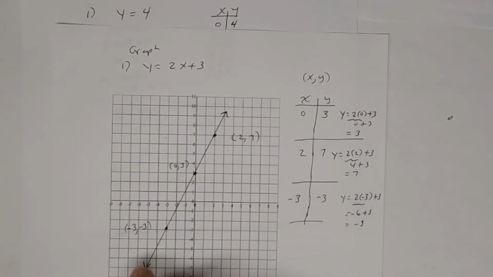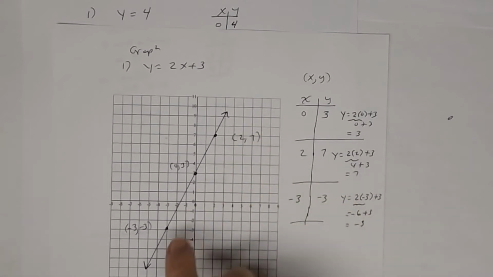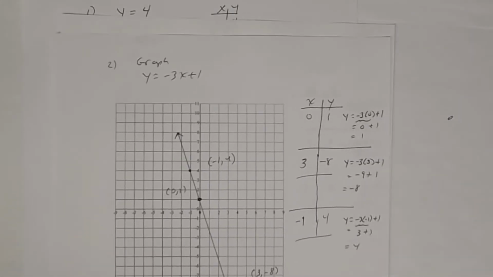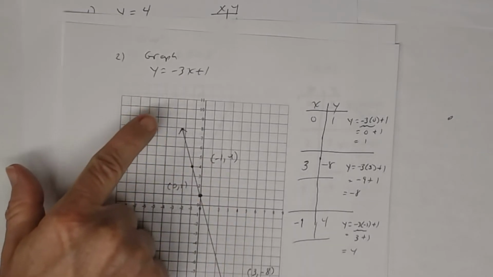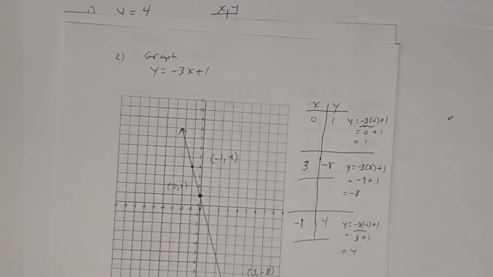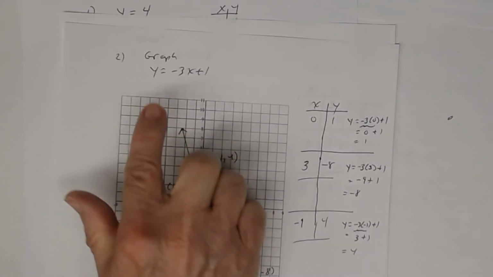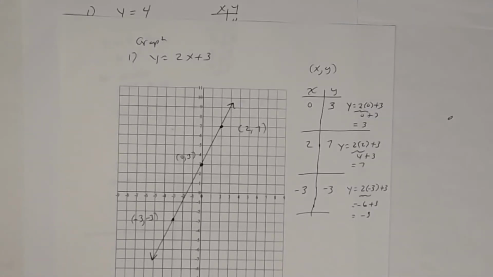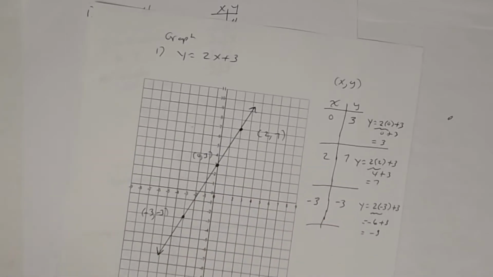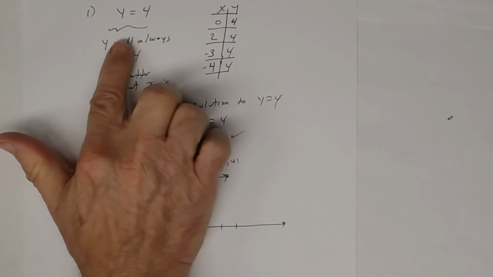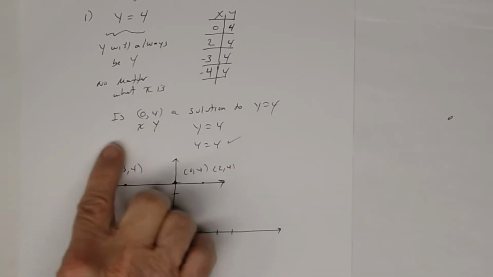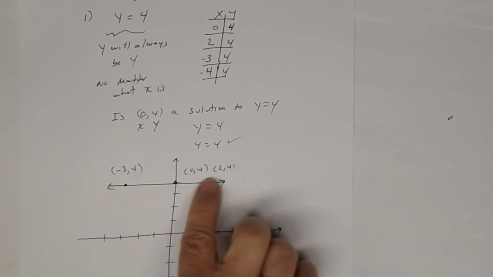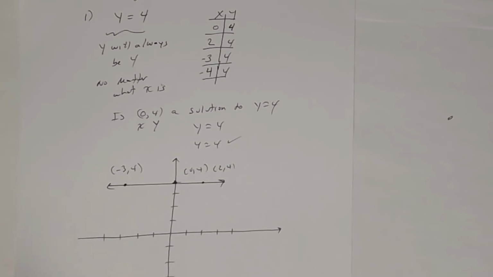And in this case, the line rose. Here, there are 2 variables. In this case, the line fell. Okay? So if you have 2 variables, it's either going to fall or it's going to rise. Here, you have 1 variable. Did it fall or rise? No, it did not. It was horizontal. Okay?